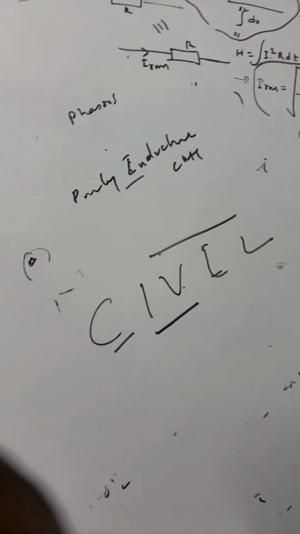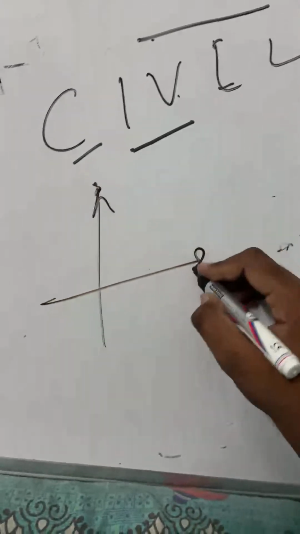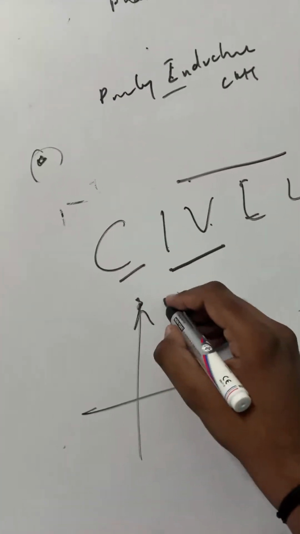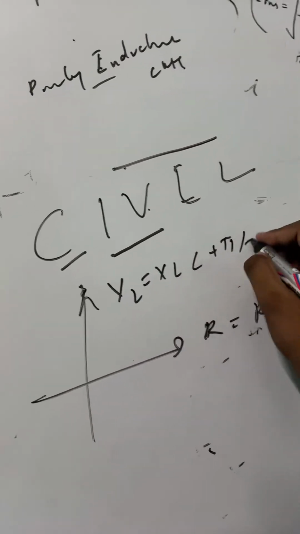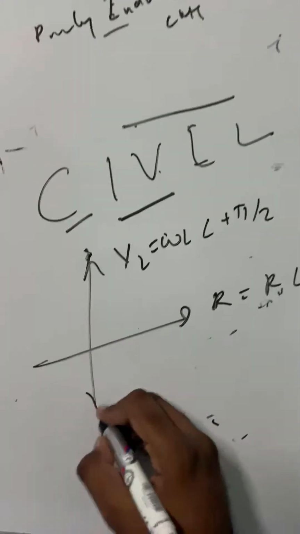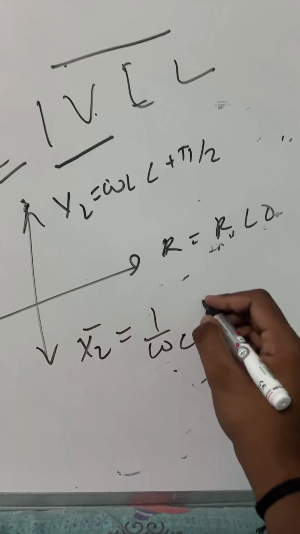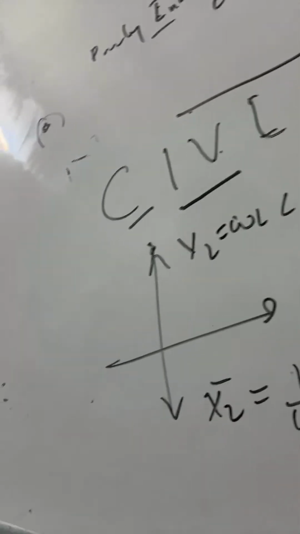This is the theory, and I think you can draw the voltage diagrams now. I'm also drawing it. The voltage diagram will be like this. This side will be resistance R0, this side will be XL angle plus pi by 2, omega L, and it lags, so 1 by omega C, angle minus pi by 2. So this was the thing.